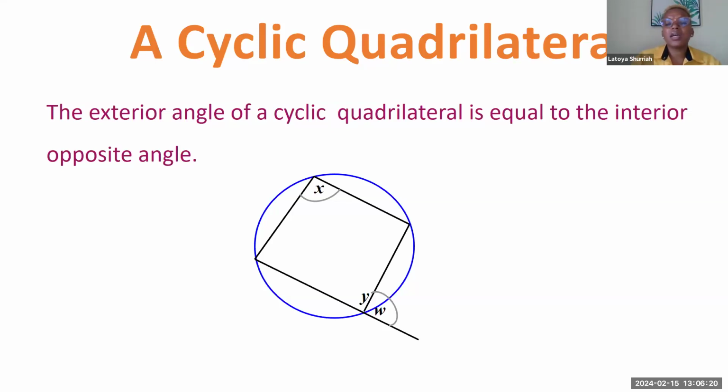Without even using a theorem, what other theory or property based on this diagram can we use to know that this is true? Based on the diagram that you're seeing, what can also confirm that X and W would be equal?